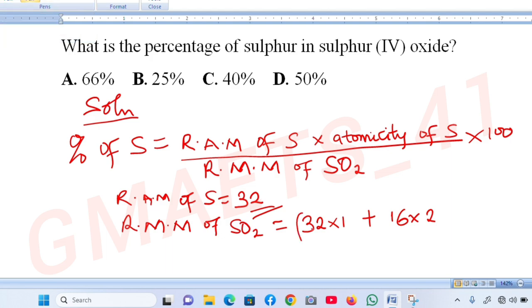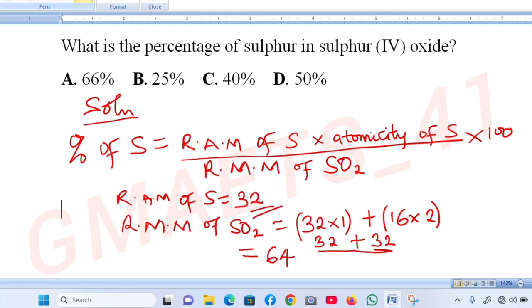So if you work this out, we are going to get 32 times 1, which is 32, and then 16 times 2, which is 32. So you find out that the relative molecular mass of sulfur IV oxide is 64, which is 32 plus 32.